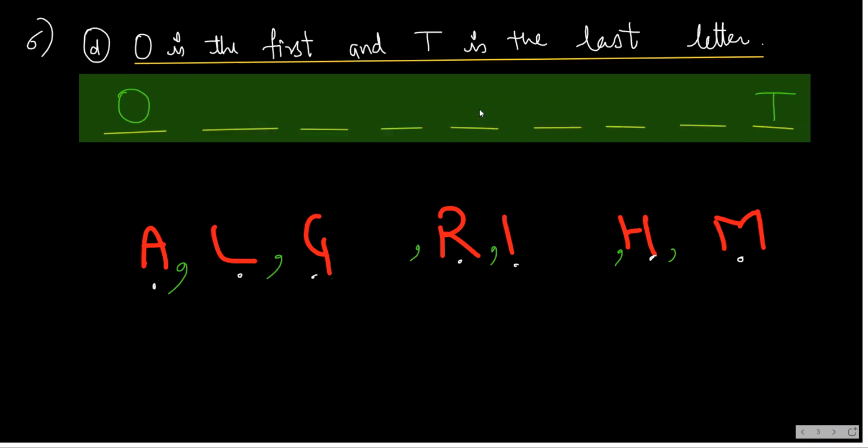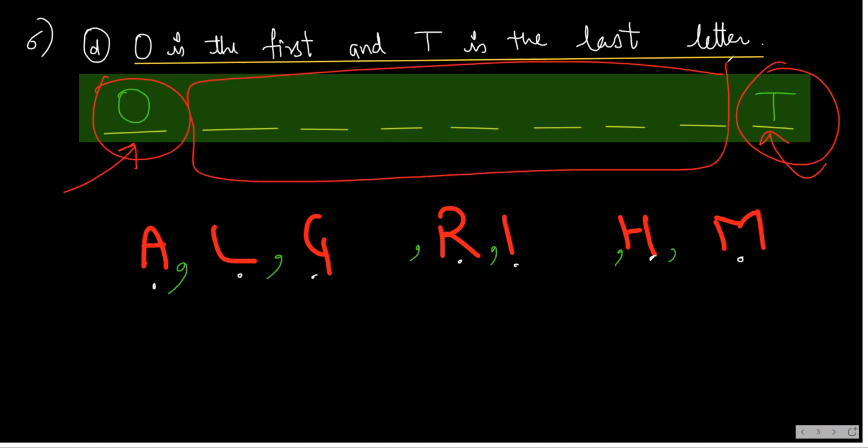Tell me all, have you followed it? Yes, sir. So O has to be always in the beginning, which can be done in one way. T can be arranged at the end in one way. The remaining 7 letters can be arranged in these 7 places in 7p7, that is 7 factorial ways.